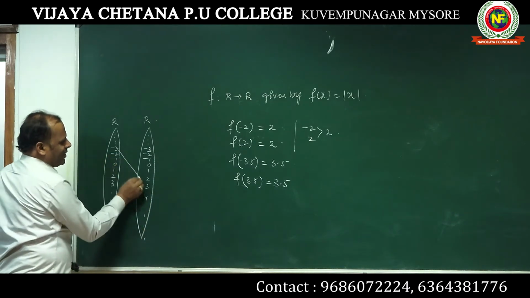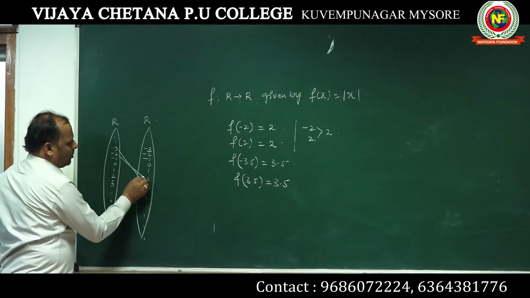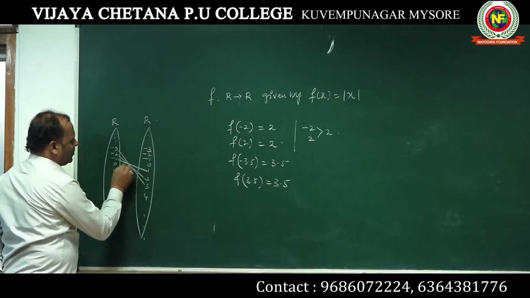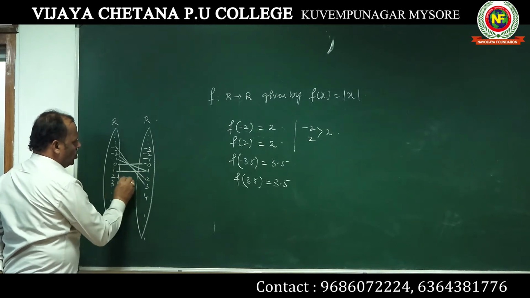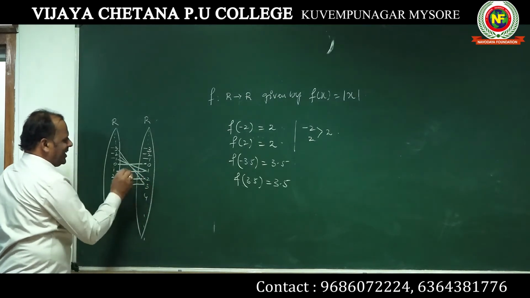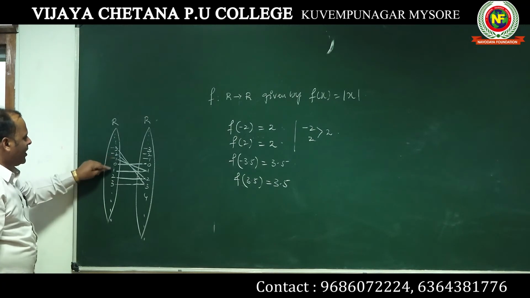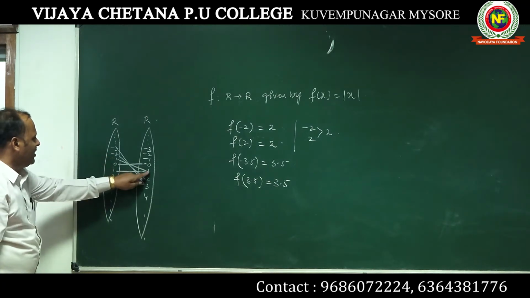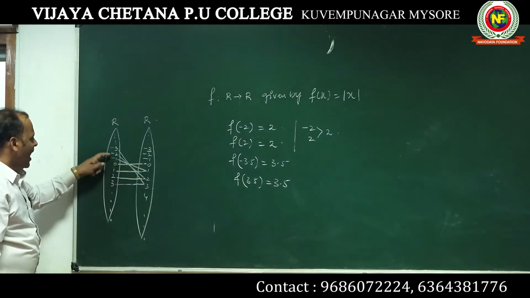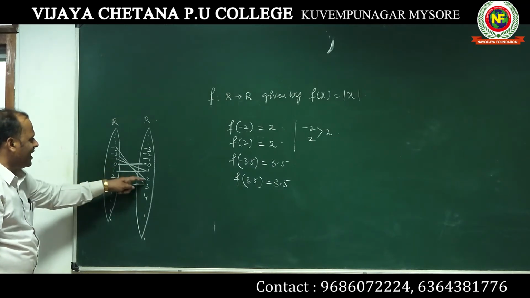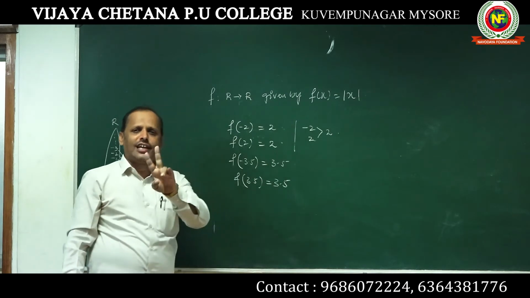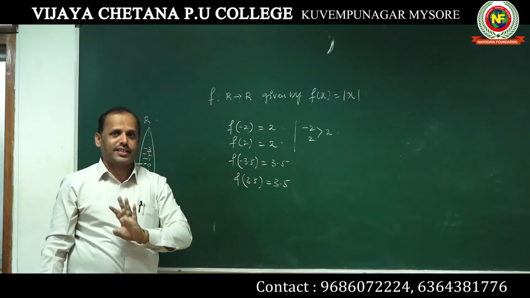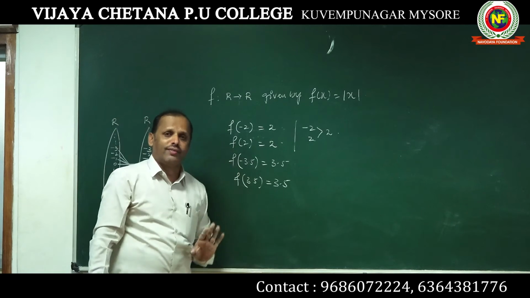For minus 3, plus 3, minus 2, plus 2, minus 1, plus 1, 0, 0, 1, 1, 2, 2, 3, 3. Both minus 1 and 1 have the same image 1, 0 has 0, and minus 2 has the same image as 2. Like here, two different elements of the domain have the same image. Therefore, it is not one-one.